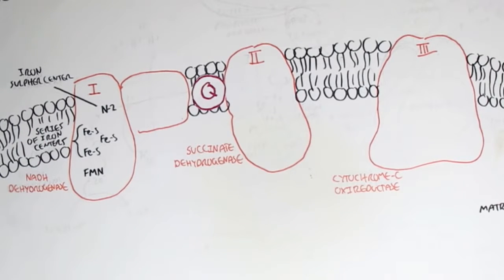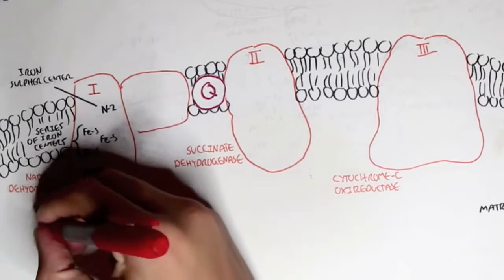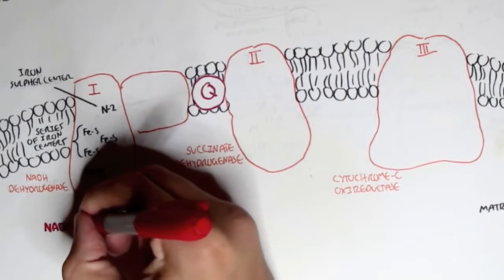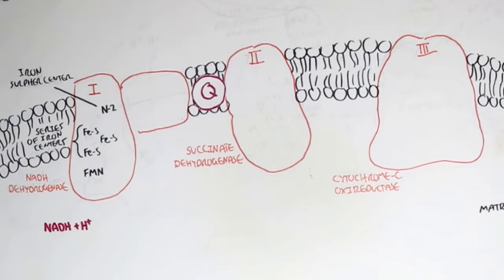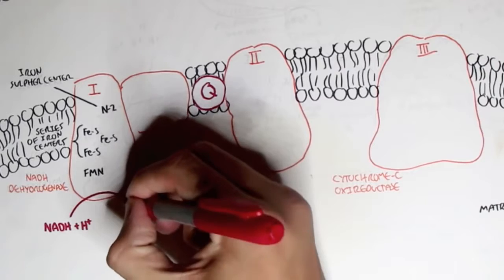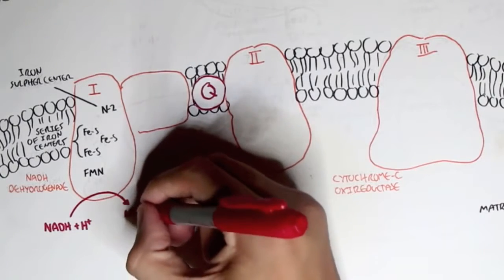So let's go back to complex 1, NADH dehydrogenase. Let us follow the electrons and the fate of one NADH plus H molecule, which is an electron carrier. NADH dehydrogenase will oxidize NADH plus H to form NAD, and through this process it will obtain two electrons.